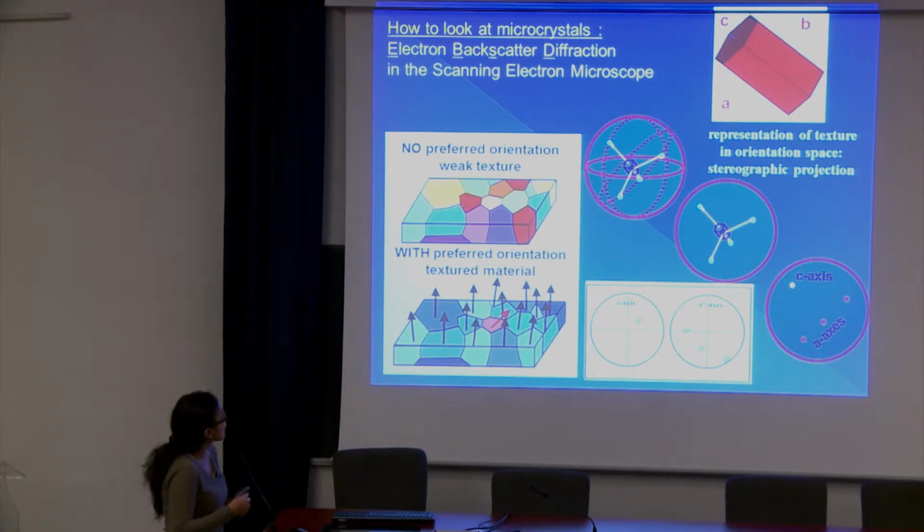In this aggregate, you have several colors, and one color represents one subunit in this aggregate. Each subunit has one crystallographic orientation. So you can say that this yellow has a crystallographic orientation along this direction, and if you see the red, it has another direction. So this aggregate has several subunits with different crystallographic orientations.